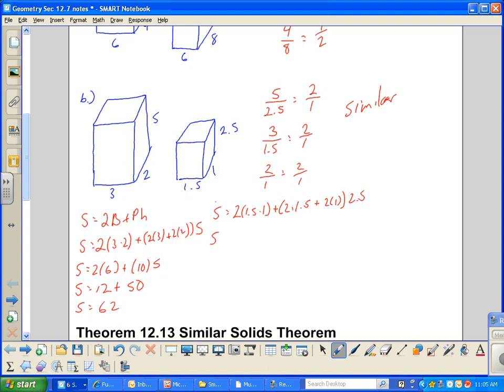So surface area is going to be 2 times 1.5 plus 3 plus 2, which would be 5 times 2.5. So surface area is going to be 3 plus 7.5, or not 7.5, 10.5.